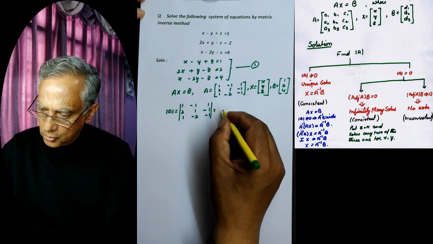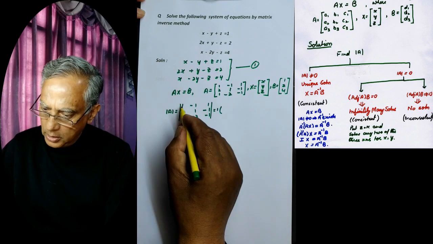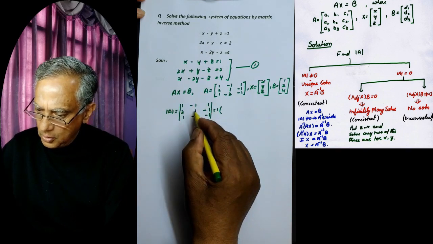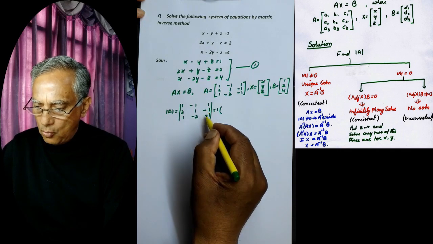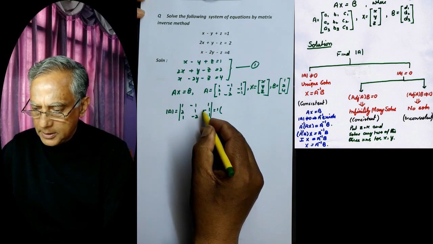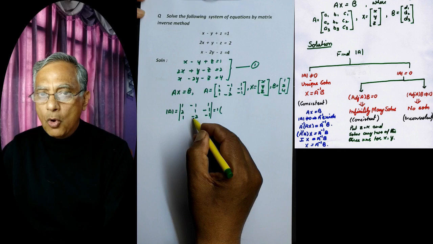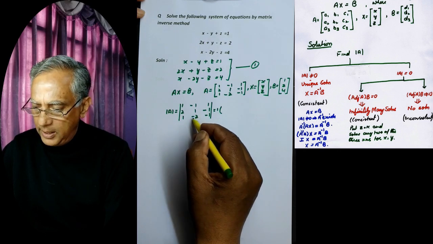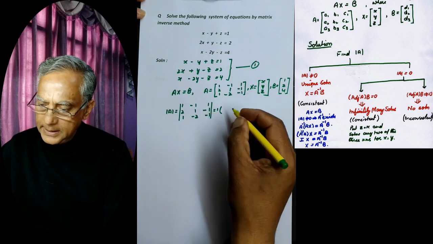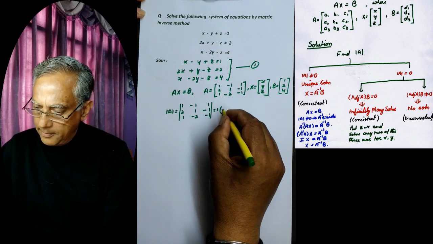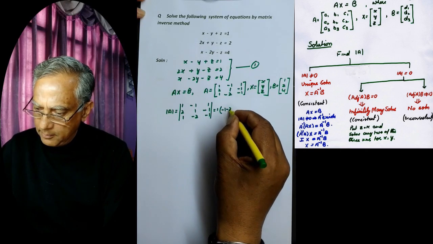This is gone, this is gone. We have 1 into, now delete this, delete this, this into this minus this into this. So minus 1, minus minus plus, and there is one more minus. So negative sign will be there. So minus 1 minus 2.